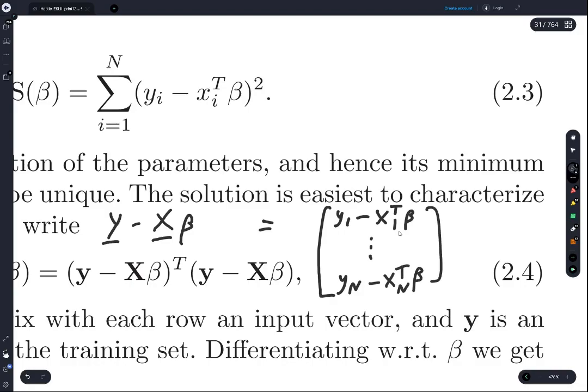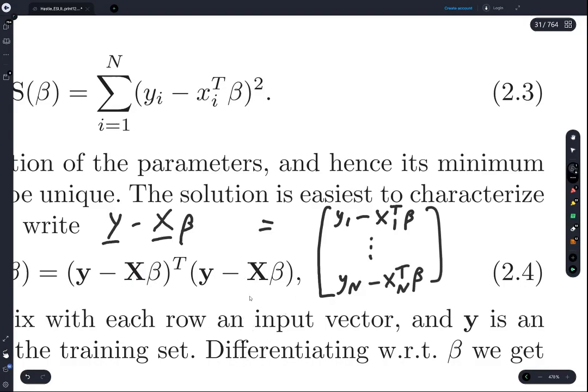All right, so we're going to end up with this. If you take this column vector and transpose it, you just get a row vector. And so you multiply this row vector by the column vector.